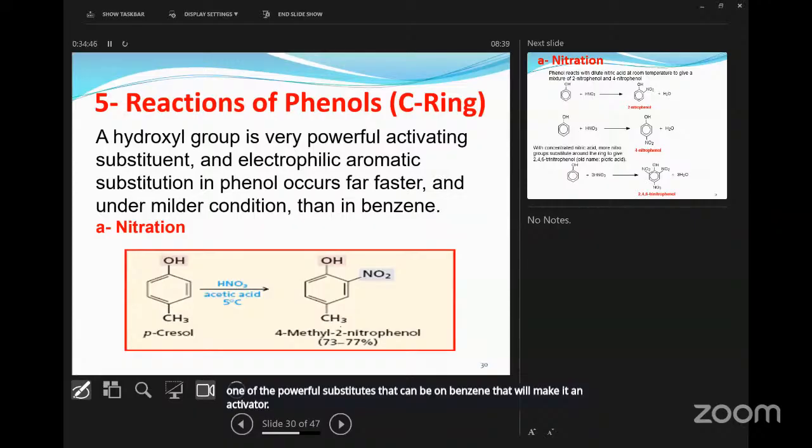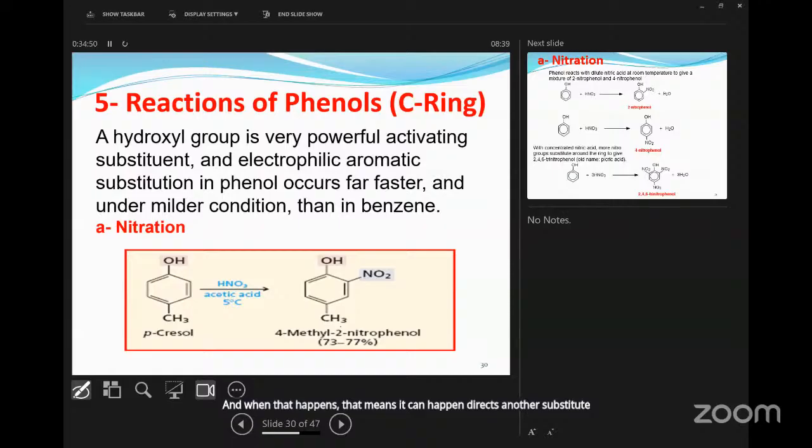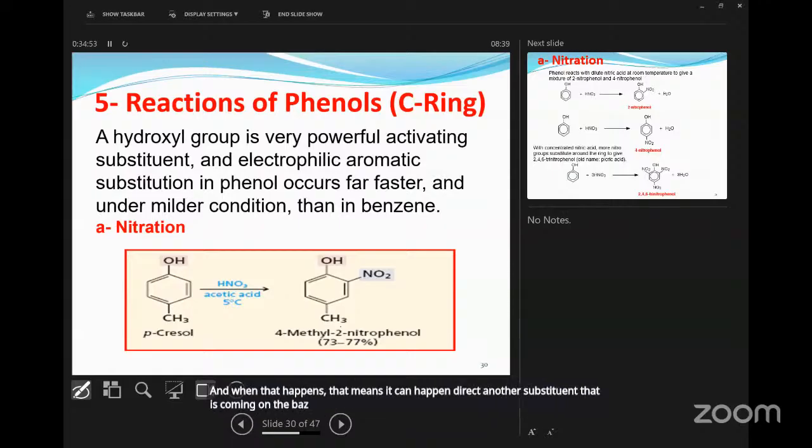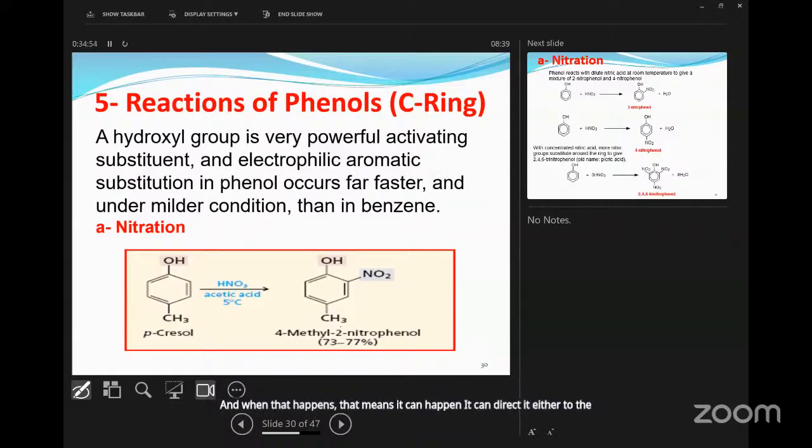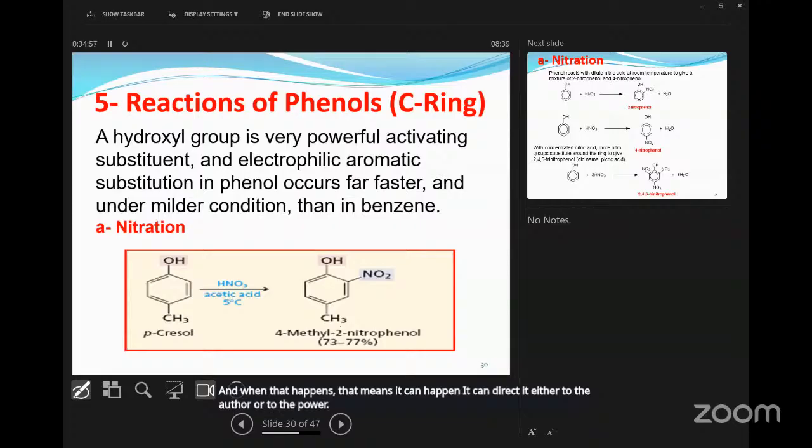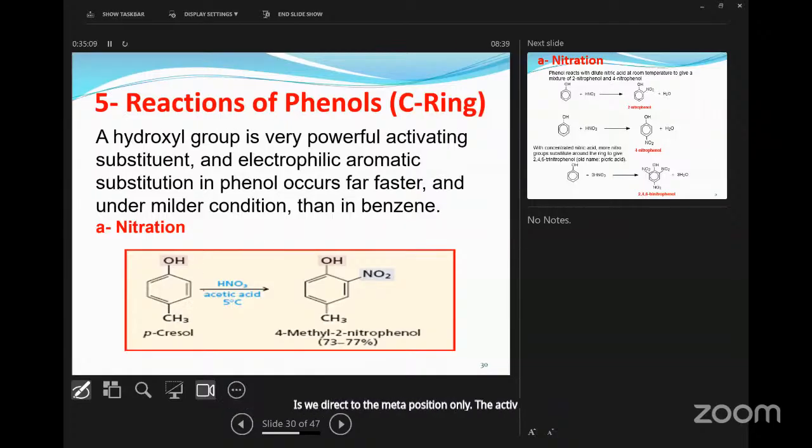And when that happens, it can direct another substituent that is coming on the benzene ring either to the ortho or to the para. Maybe it is a deactivator that is coming. If it is not OH that is here, if it is a deactivator like NO2 that is here, it will direct to the meta position only. But the activators direct to the ortho or to the para.